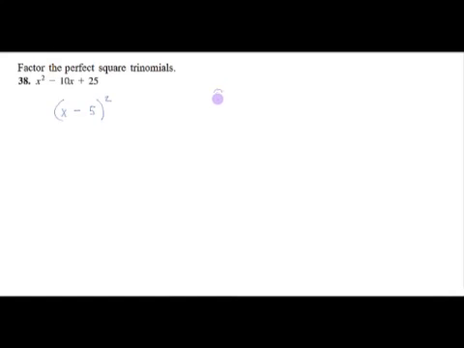And let's check it real quick. So we squared, we get a negative 5 squared is a positive 25. And then for the middle, x times negative 5 is negative 5x, and double that, it's negative 10x, which is what we started with, so we're good.